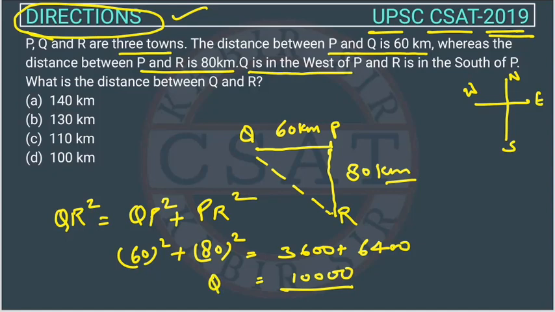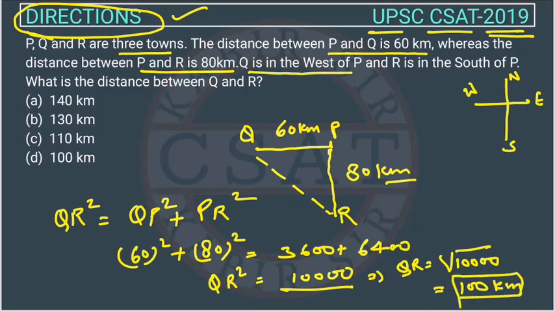So this is QR square. Now QR will be under root of this one, right? And the under root of this will be 100. So the distance between QR is 100 kilometers. So the answer is option D. So option D is the correct answer.